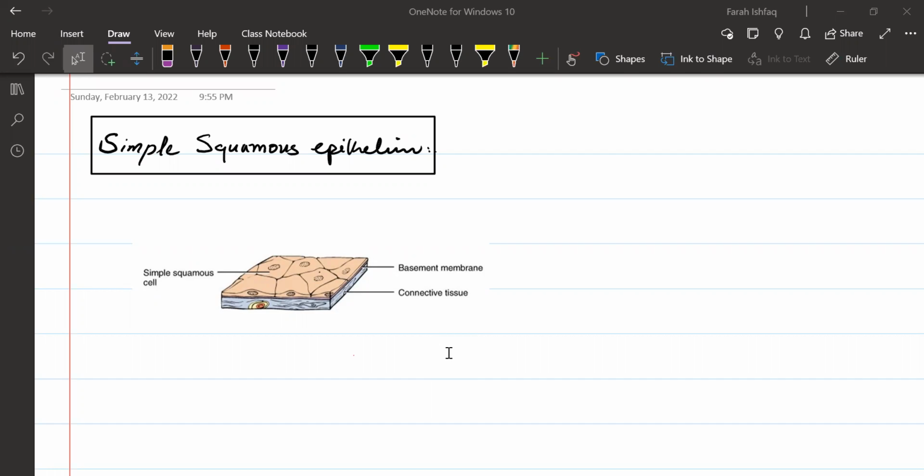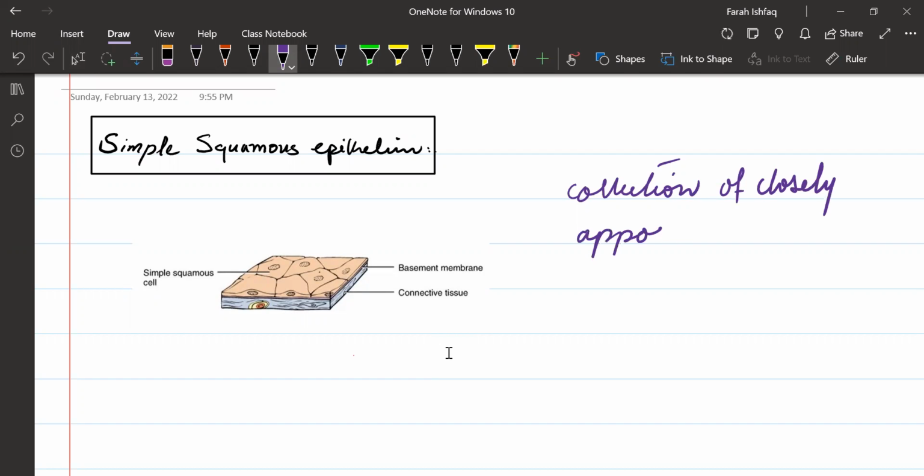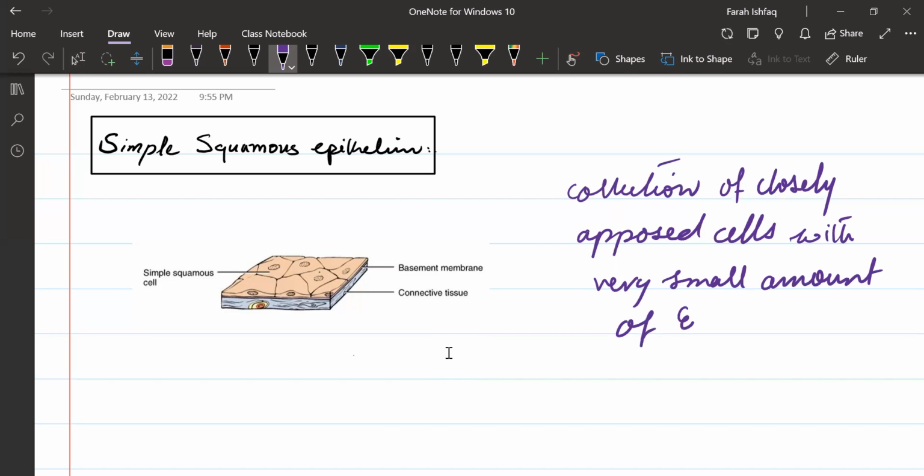You know how we define the epithelium. Epithelium is the collection of closely opposed cells with very small amount of extracellular matrix.